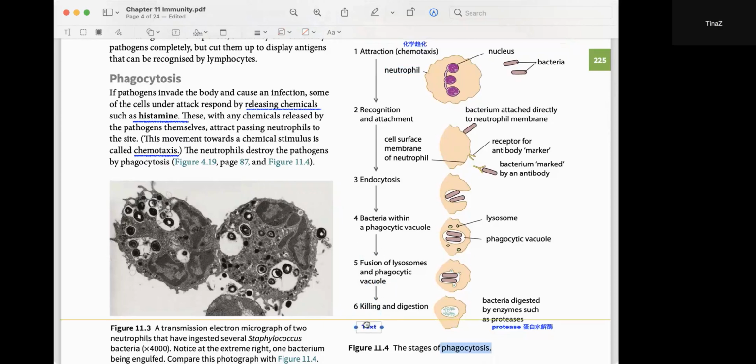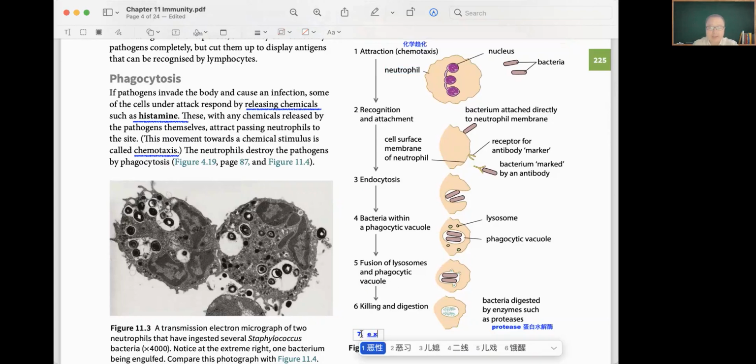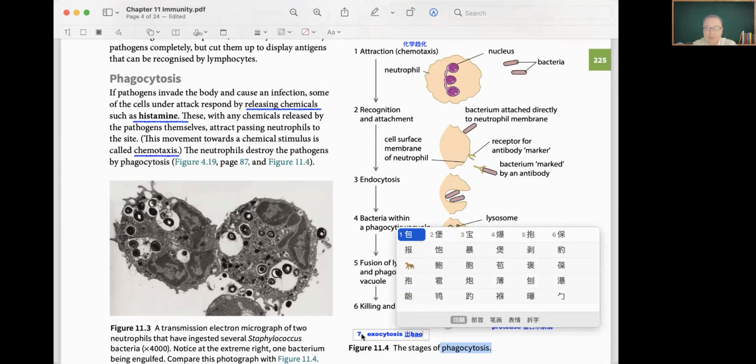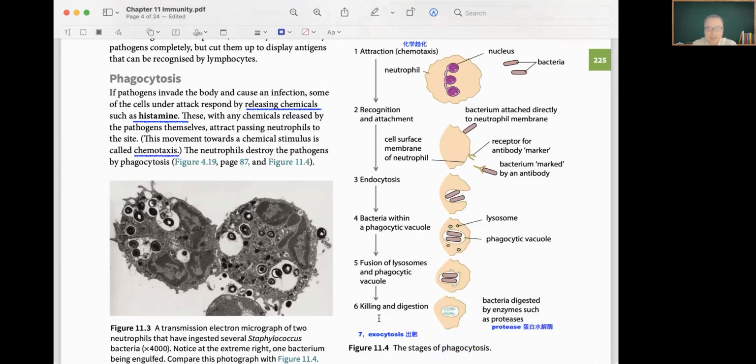Exocytosis. Write down here, seven, exocytosis. In Chinese, 出胞, 出细胞. Exocytosis. And I would like to draw an arrow.